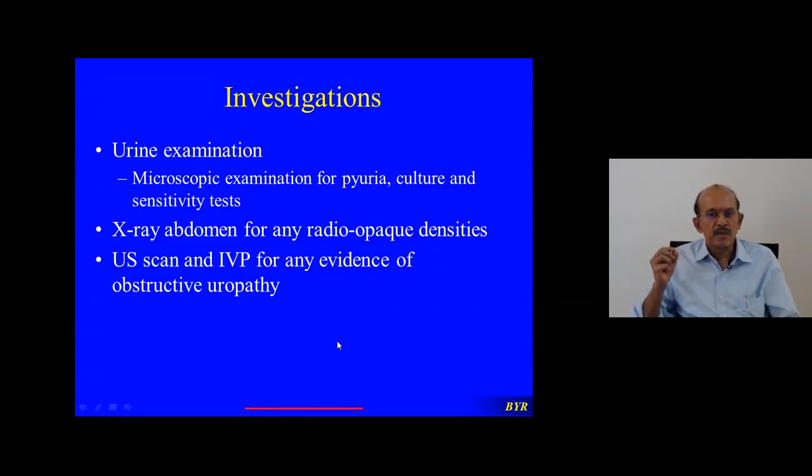It can be the presence of a calculus in the pelvis, or an ascending infection. We have seen ascending infection causes. It can be due to reflux, stasis, or some obstruction in the ureters. So what is the cause? To evaluate the cause, you must do an ultrasound scan and intravenous pyelography.